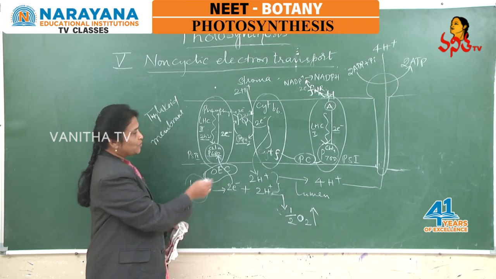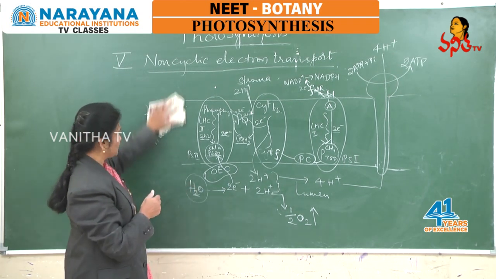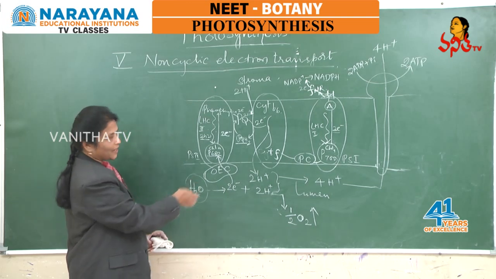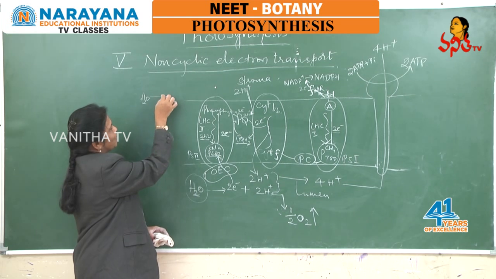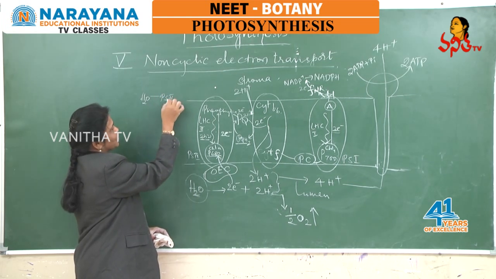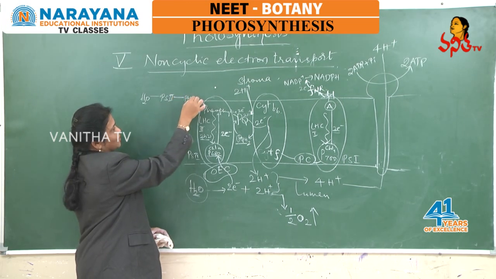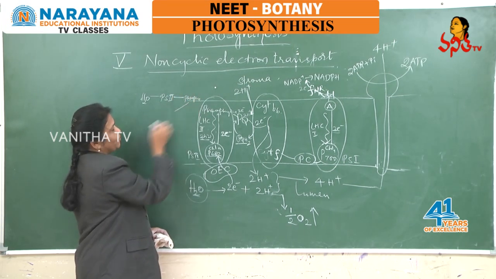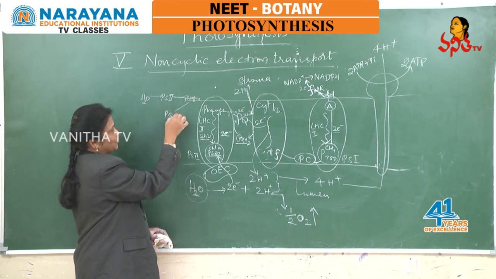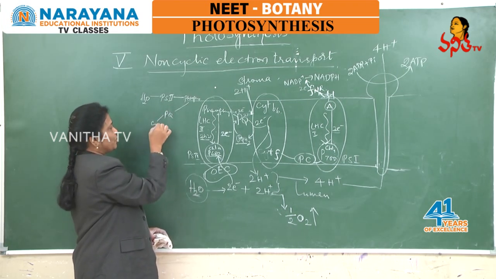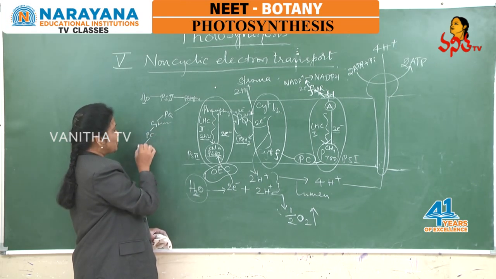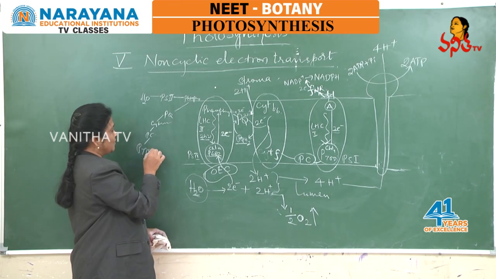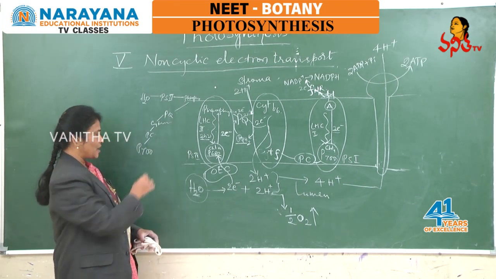So, as we follow tally accounting, the electrons of the water molecule are received by PS2, that is the P680 molecule, and from PS2 to pheophytin, and pheophytin gives to plastoquinone, then cytochrome b6, then plastocyanin, and plastocyanin gives the electrons to P700.